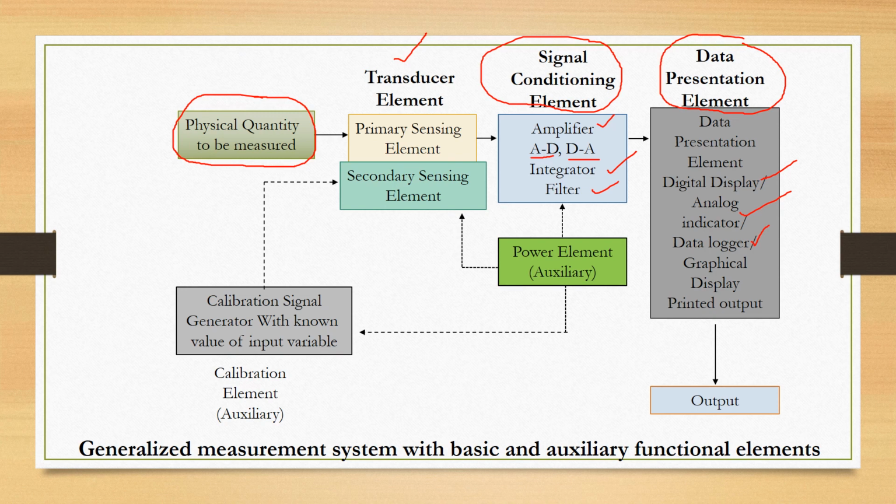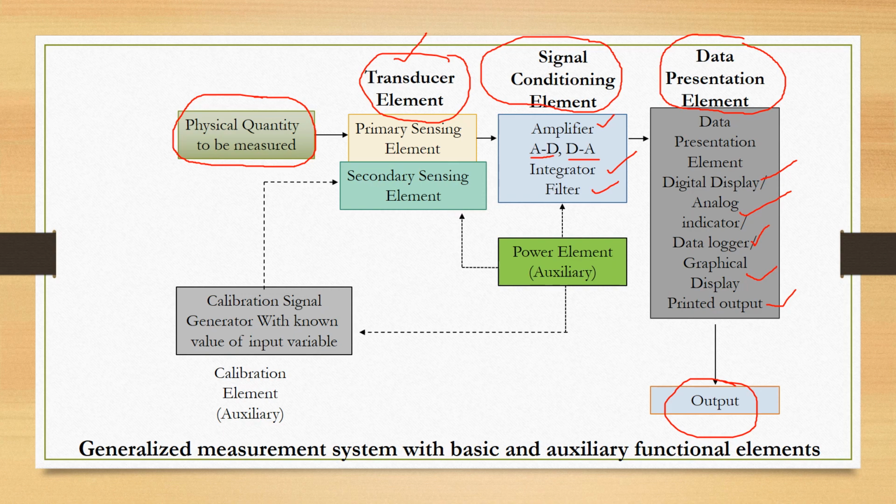Sometimes some graphical display is also available, and sometimes a printed output is also available. So all these come under the category of data presentation elements, and finally from the data presentation element you will get the output. So these are the basic functional elements: transducer, signal conditioning, and data presentation.